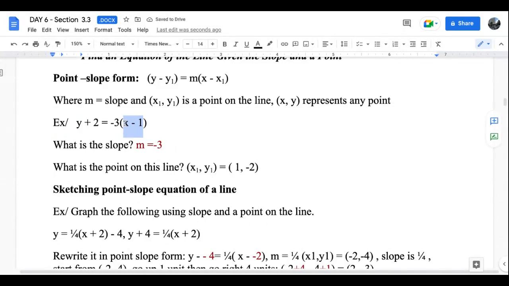Because we have x minus x1, so 1 is x1. And we have y minus y1, but this is plus, so the plus means minus negative. So y minus negative 2. So x1, y1 is (1, -2).